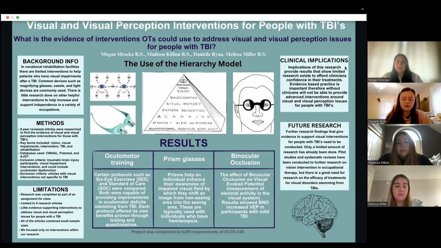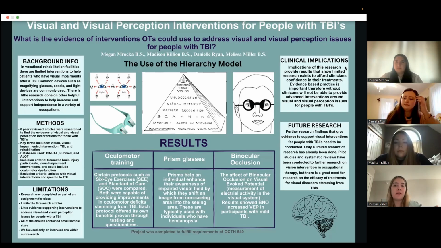So in the article, we found the effect of binocular occlusion on the visually evoked potential, which is known as the measurement of electrical activity in the visual system. Basically, in this article, the results showed that binocular occlusion increased VEP in participants with mild TBI. And then binocular occlusion is shown in the image of the guy wearing glasses.